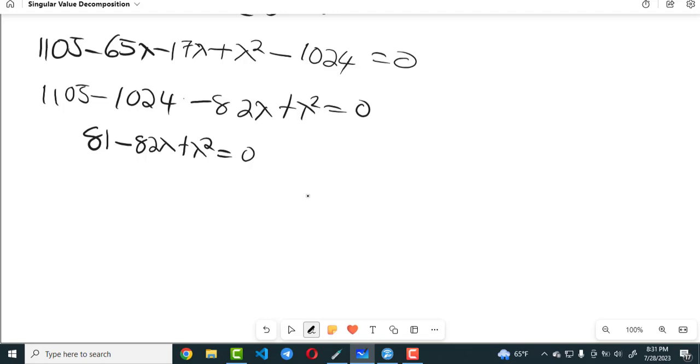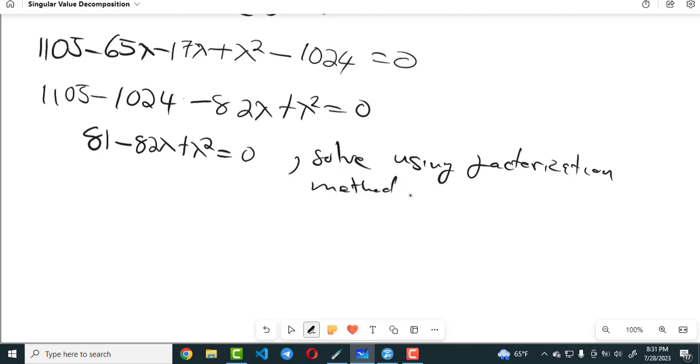So I prefer normally to solve using the factorization method, by splitting the middle term.